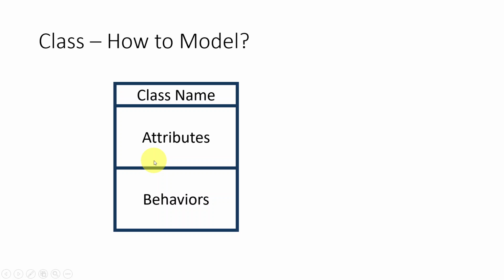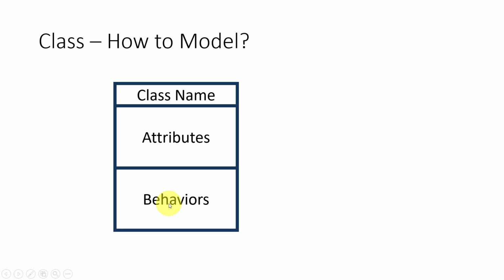Now let's see how to model a class. When it comes to object-oriented development, modeling is very important because we have to do some serious designing and modeling before digging into the coding. So we use the Unified Modeling Language to model. In the Unified Modeling Language, a class is represented by a rectangle with the class name, its attributes and behaviors.